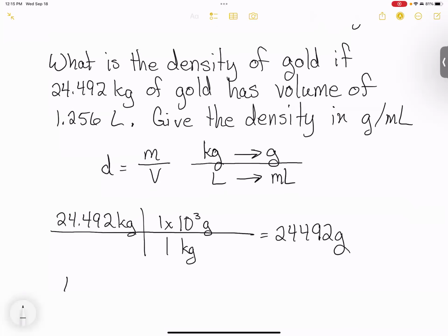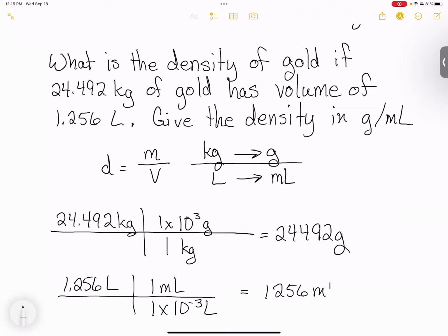The volume was 1.256 liters. And I want it in milliliters. 1 milliliter is 1 times 10 to the minus 3 liters. So it is 1,256 milliliters.